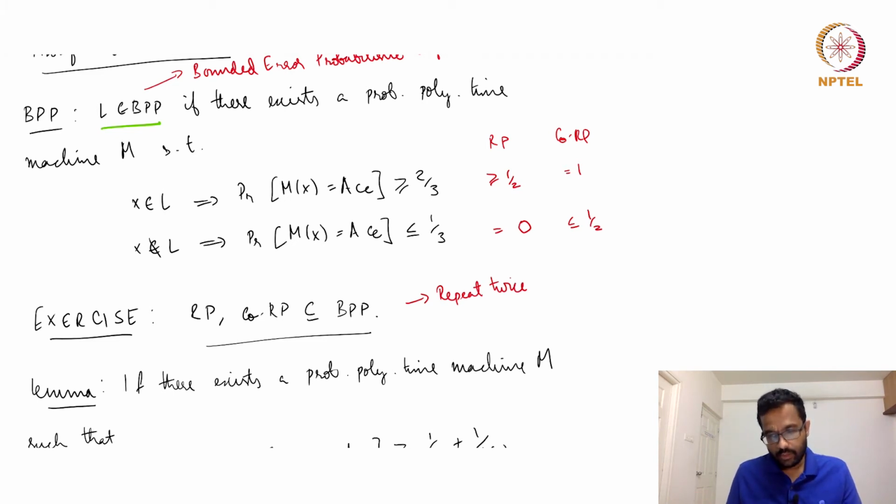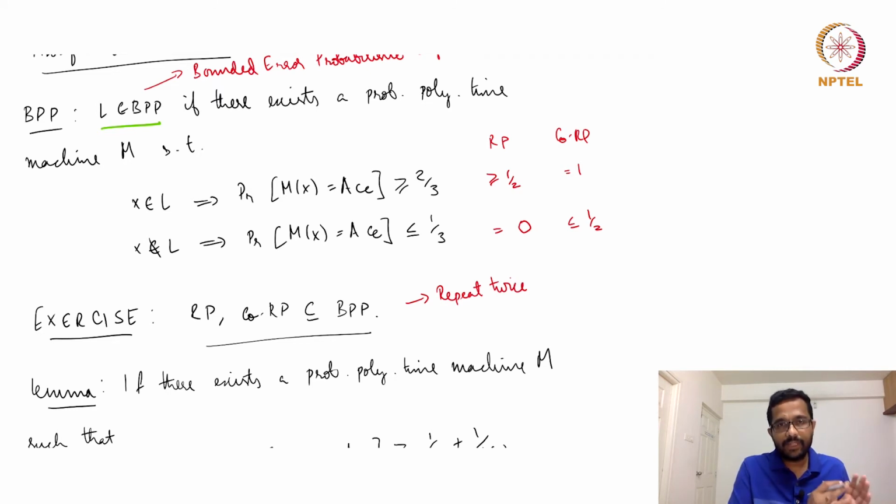One thing that you may guess is that if I bring both of them from 2/3 and 1/3 to half, then there is no distinction between X being in the language and X not being in the language. Both of them will accept with probability half. Then you may as well just output accept and reject with probability half without looking at the input. So that is not going to be useful, right?